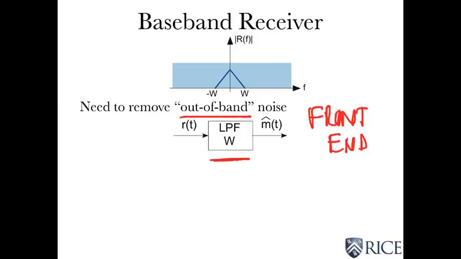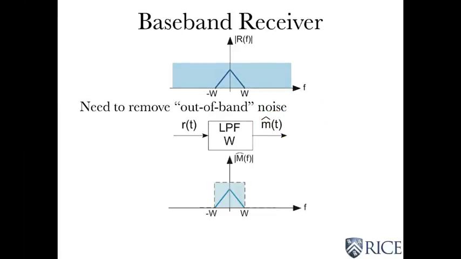Virtually every receiver in the communications world, the first thing it does to the signal coming out of the channel is low-pass filter. In the baseband communications situation, that is going to be our message signal. It's going to be reconstructed.